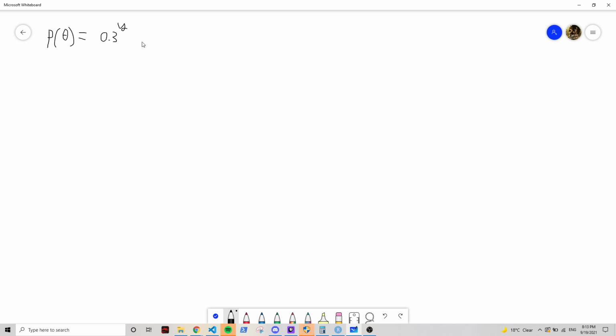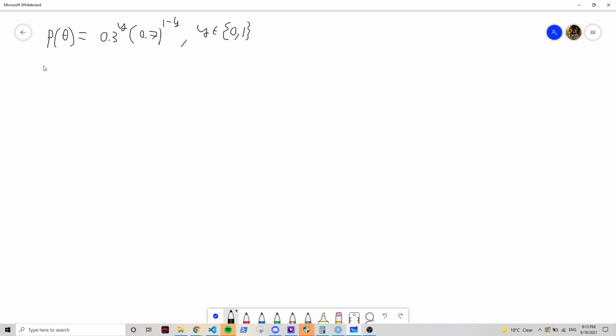So we'll just say 0.3^y times (1 minus 0.3, which is 0.7)^(1 minus y), where of course y takes on values 0 and 1. So if y is 0, then it's 0.7, and if y is 1, then it's 0.3.